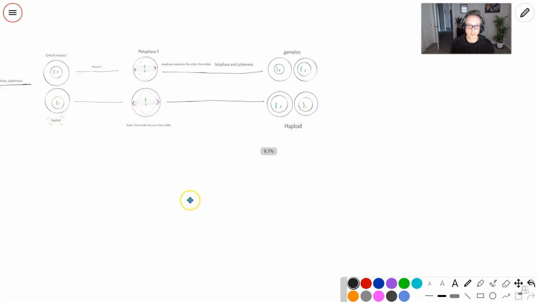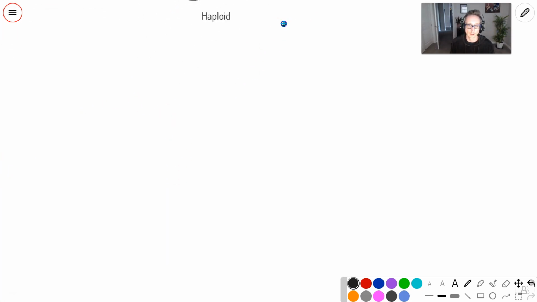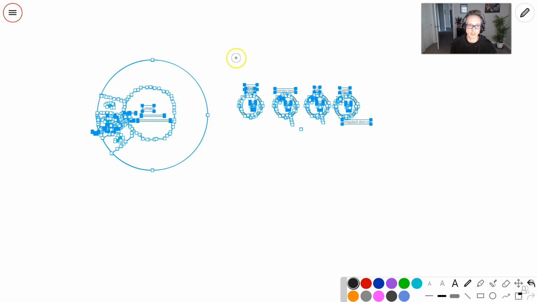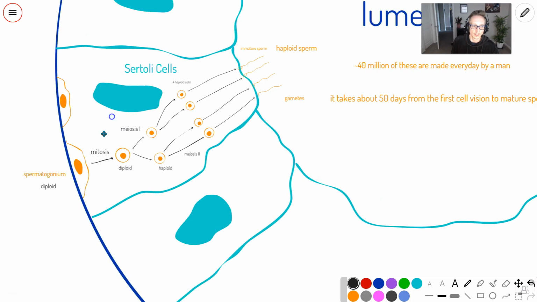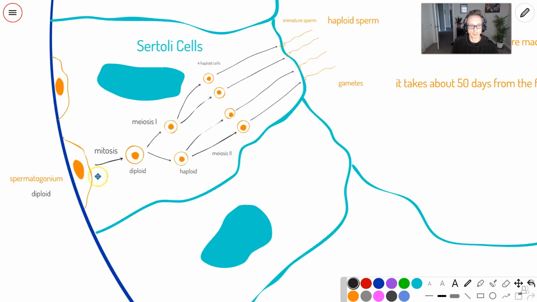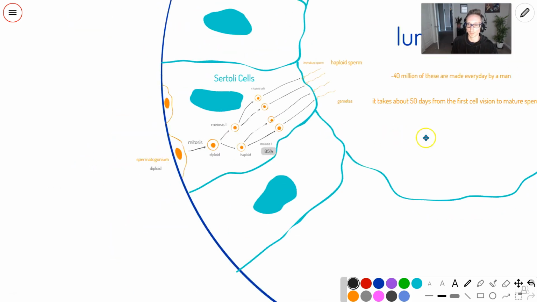Okay, let's talk about what this actually means. With our sperm development, we have this stem cell here in the seminiferous tubule, and it goes through mitosis first to make a copy of itself. And then that diploid cell goes through meiosis 1 to make haploid cells, and then it makes these 4 gametes. And that's how it works with sperm.